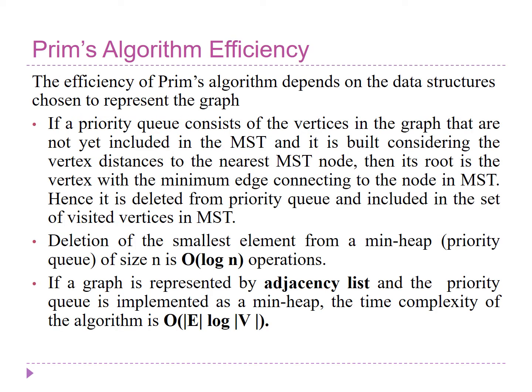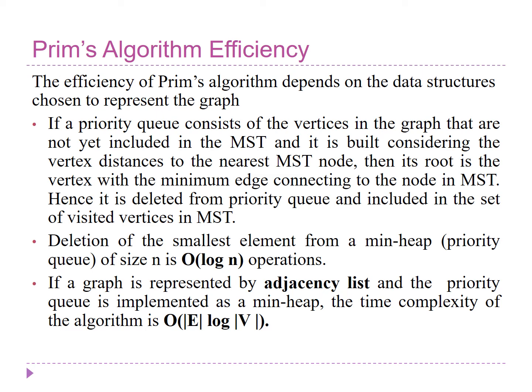The efficiency of Prim's algorithm depends on the data structure chosen to represent the graph. If a priority queue consists of the vertices in the graph that are not yet included in the minimum spanning tree, and it is built considering the vertex distances to the nearest minimum spanning tree node, then its root is the vertex with the minimum edge connecting to the node in the minimum spanning tree.